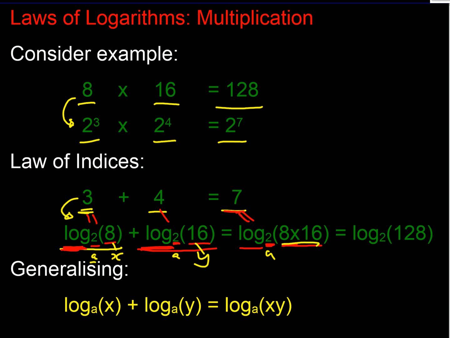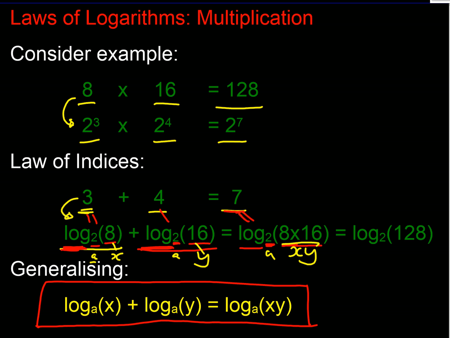Then inside this bracket is x times y, which we write algebraically as xy. So using that example, we have a generalized first law of multiplication of logs: the log of x times y is just the log of x plus the log of y in any base.